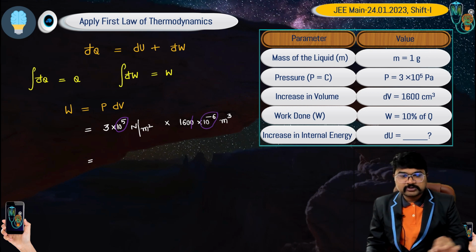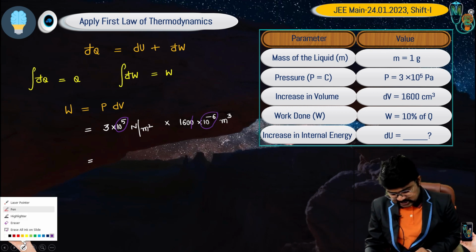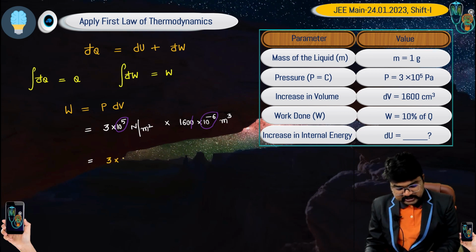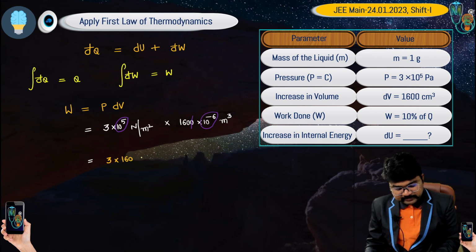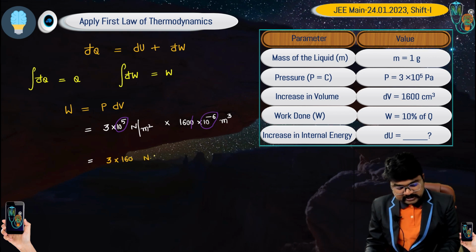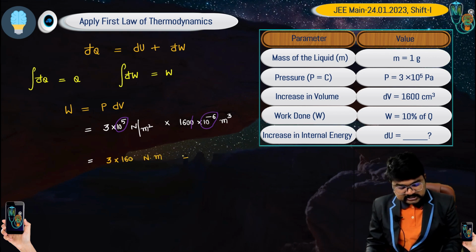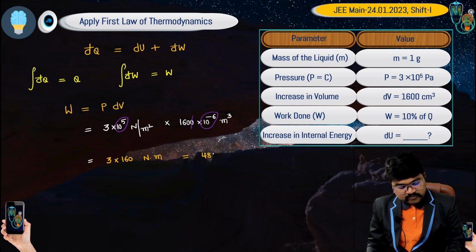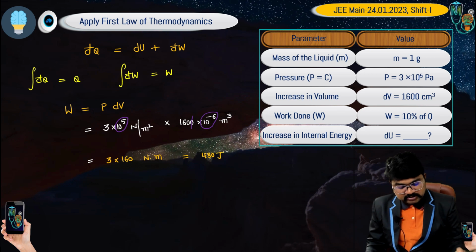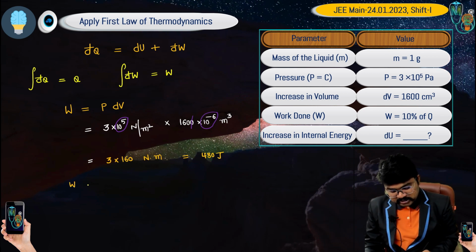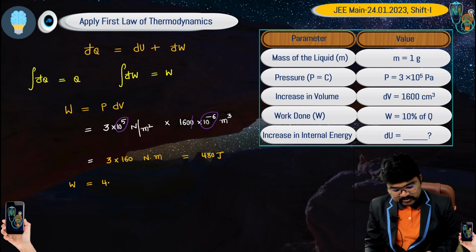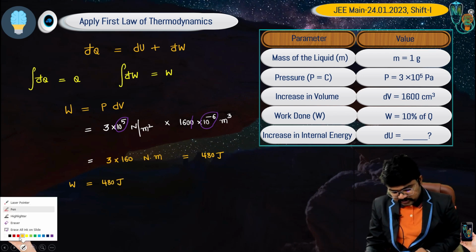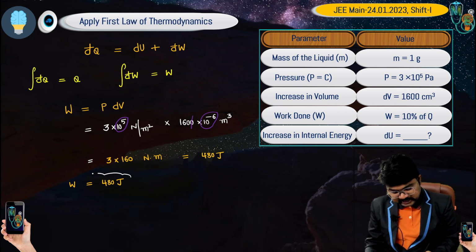So now 3 into 160 Newton meter, that is 3 times 16 is 48, 480 joules. W equal to 480 joule you will be getting.